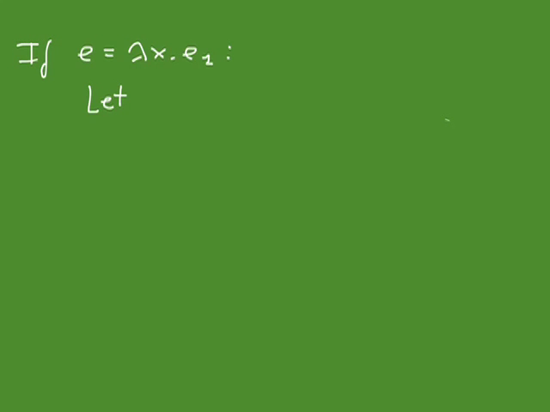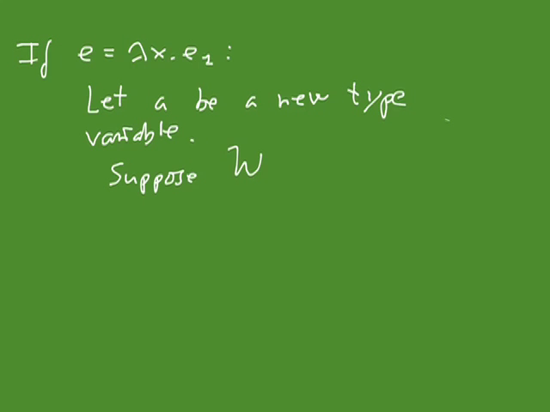So let A be a new type variable, an unknown, which is the unknown type of the argument. Then we call the well-typedness algorithm with the type environment, but also add information that X has type A, and with that type environment we try to type the body.